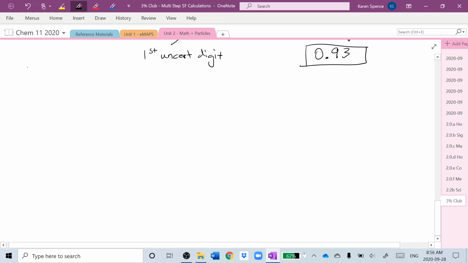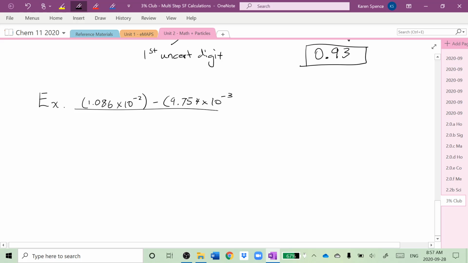Okay. This one's going to have some exponents in it just for fun. So, for example, we could have 1.086 times 10 to the minus 2 minus 9.754 times 10 to the minus 3.